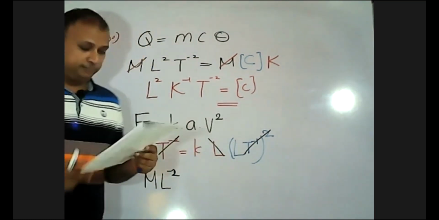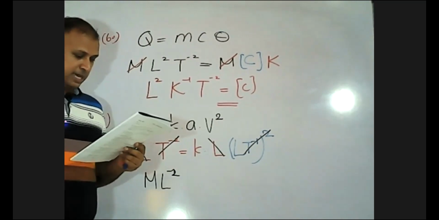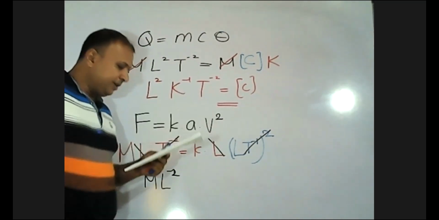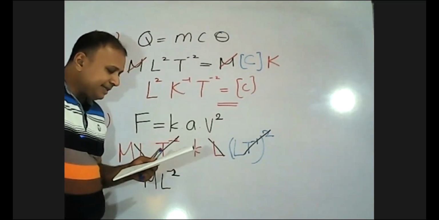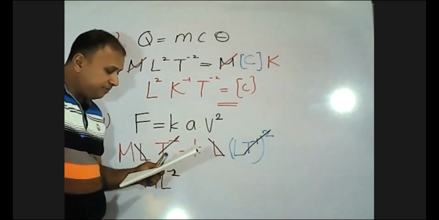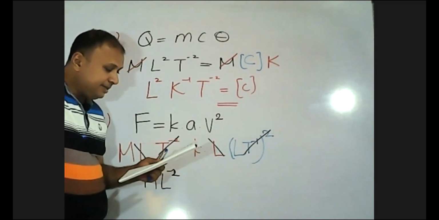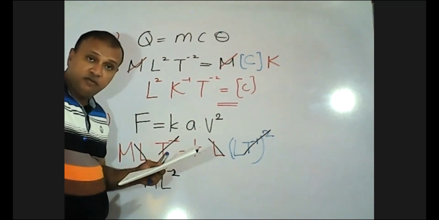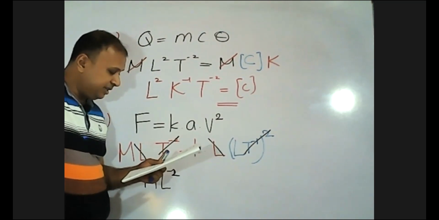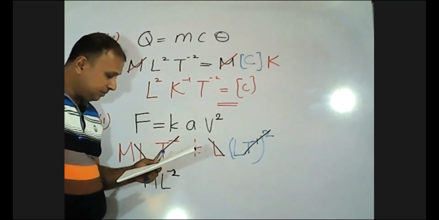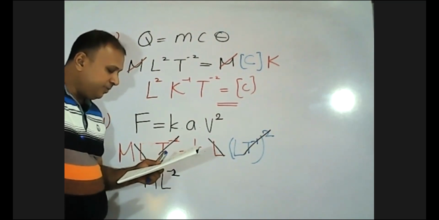62. The relationship between force, mass, and velocity is expressed by the following equation. What is the equation? This one. Dimension of k.